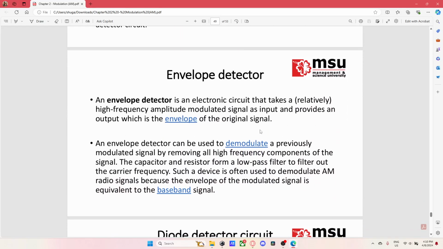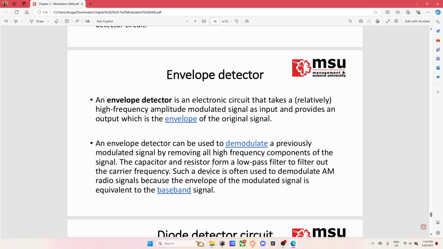Alright, what is an envelope detector? An envelope detector is an electronic circuit that takes a relatively high frequency, amplitude modulated signal as input and provides an output which is the envelope of the original signal. It can be used to demodulate a previously modulated signal by removing all high frequency components of the signal.